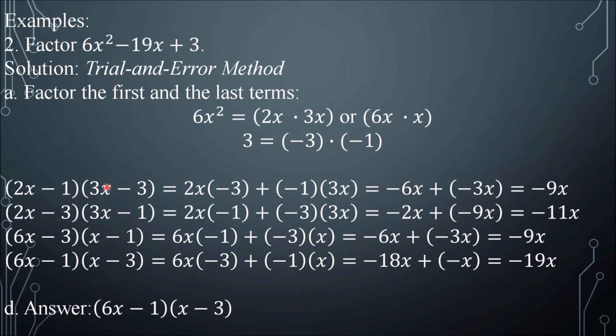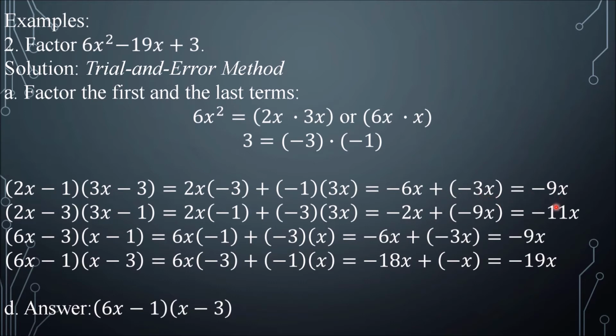Now, let's have the first pair: 2x minus 1, and 3x minus 3. Now, getting the middle term, 2x times negative 3 is negative 6x, and negative 1 times 3x is negative 3x. We have negative 9x as the sum.